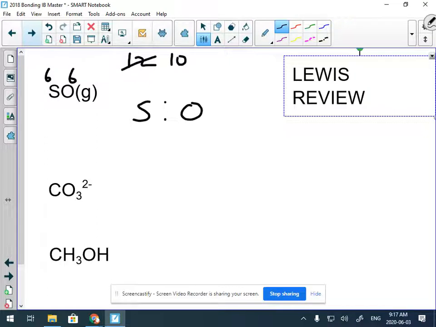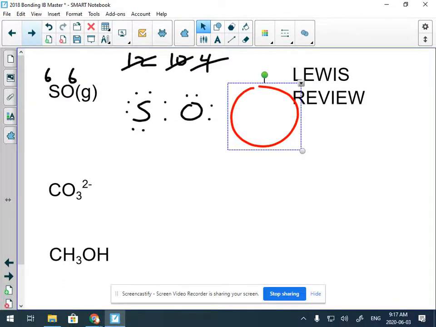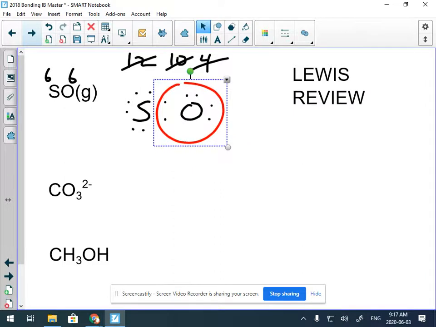So I have to fulfill the octet. So let's see here, 2, 4, 6. Okay, I got 4 electrons left. 2, 4, I've run out of electrons. So how do I make this work? How do I make oxygen have 8 electrons? Right, like if I draw my little circle checker and I bring it over oxygen, how many electrons does oxygen have?